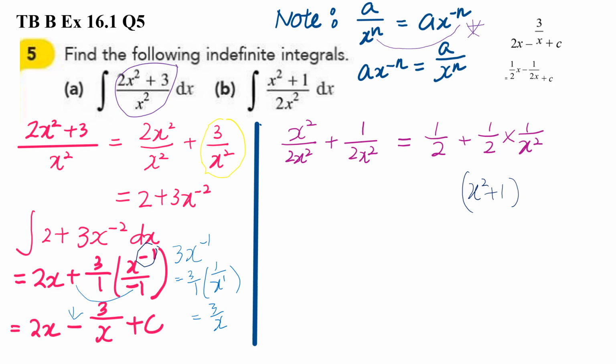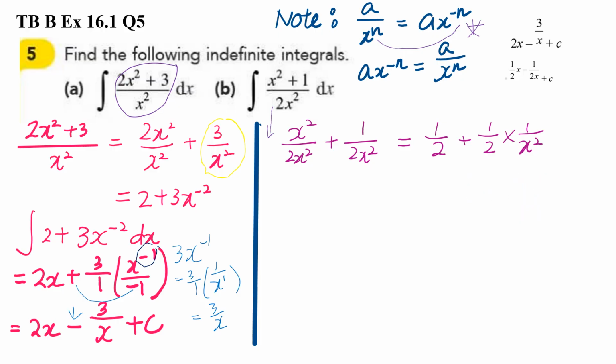Some of you may do like this. And that's wrong. Because what we have here is actually divide by 2. Something divide by 2. Not something times 2. What you have here is times 2, which is wrong because it is not times 2, it's divide by 2.